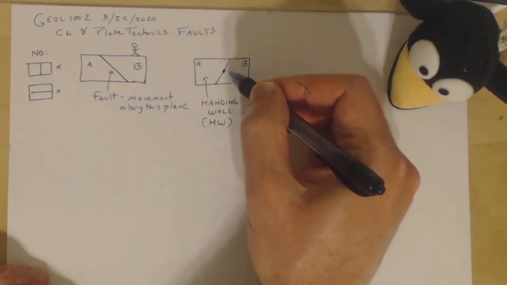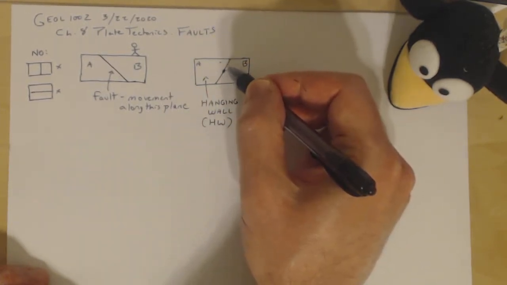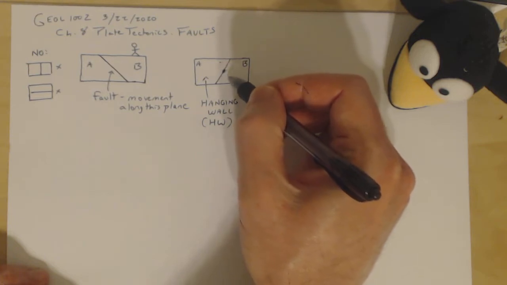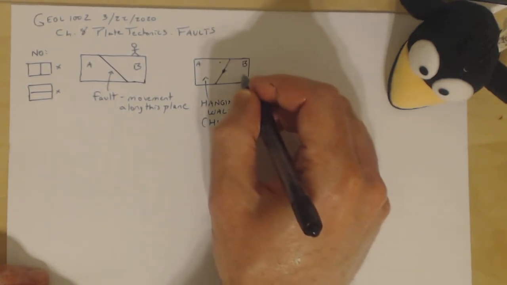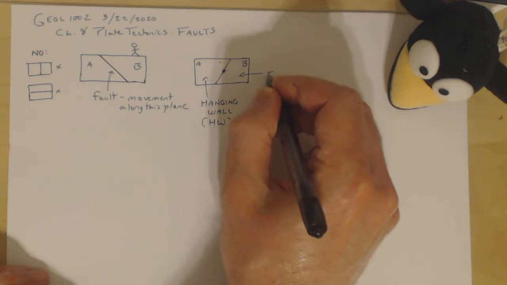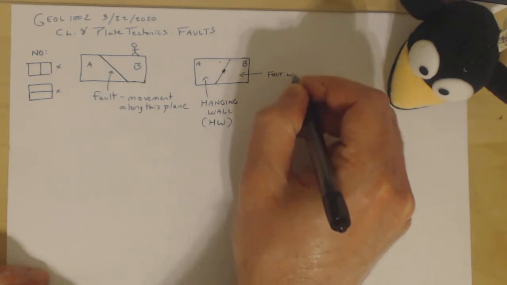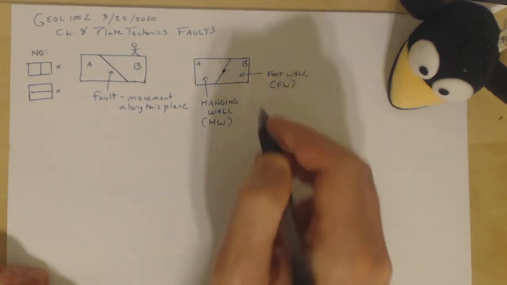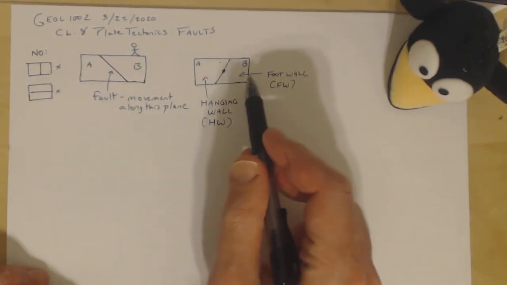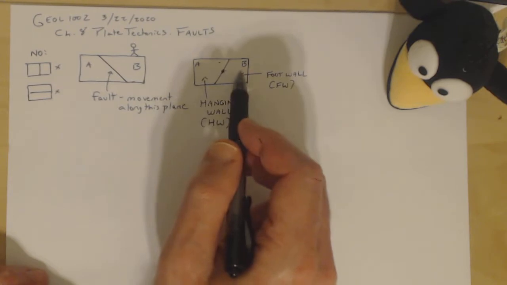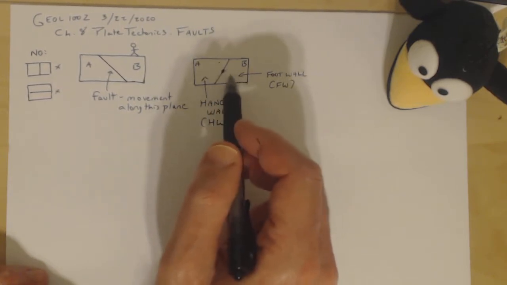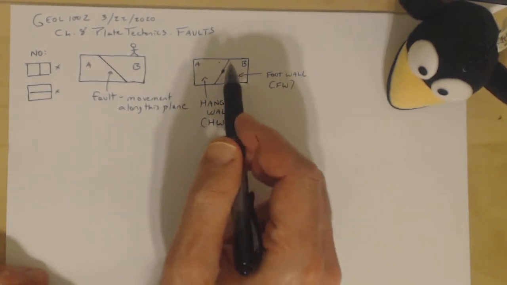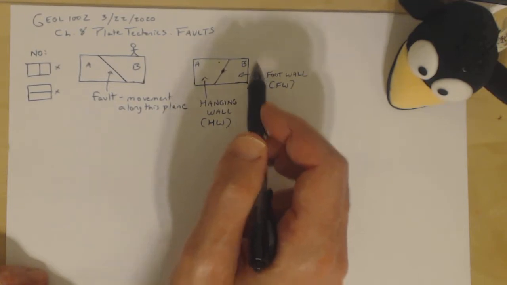The block that's below the line of the fault, if you basically start anywhere along this fault line and move down, that's called the footwall. And so by creating these two terms, we establish a convention whereby we can discuss which block is moving relative to the other. The hanging wall is moving up or down relative to the footwall.